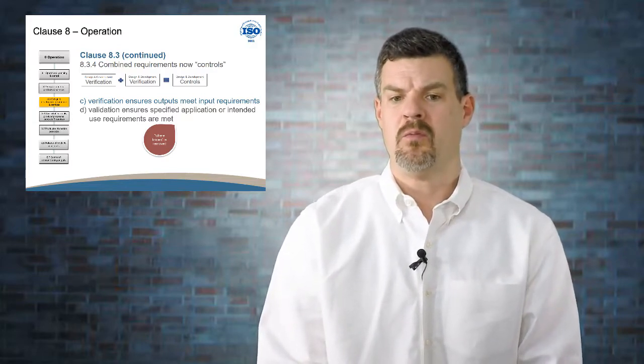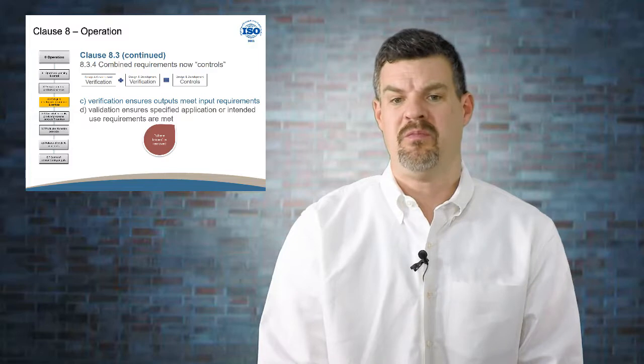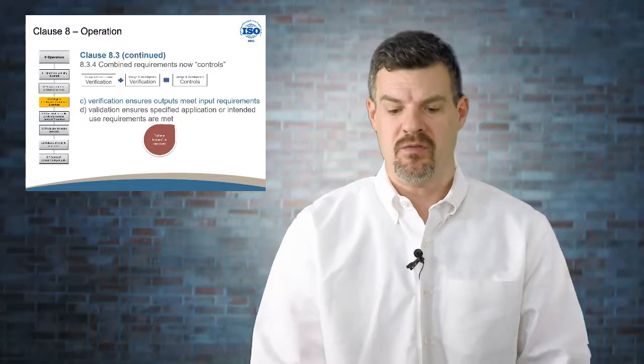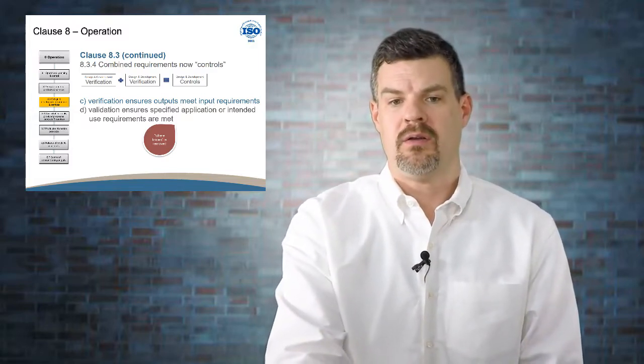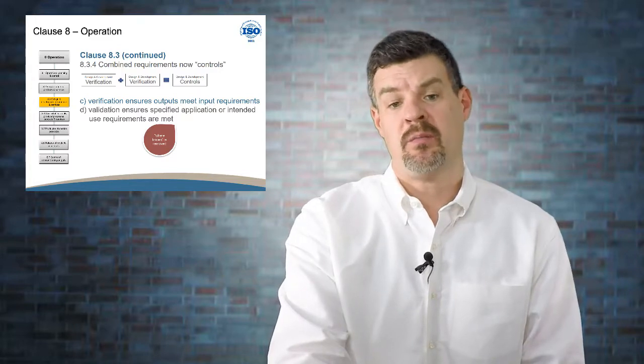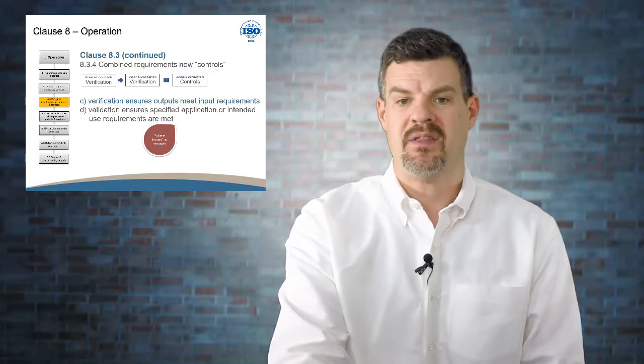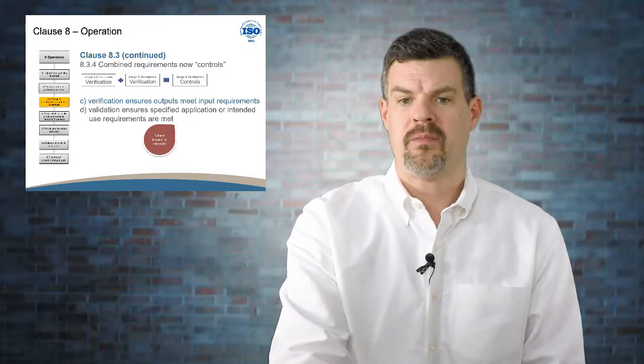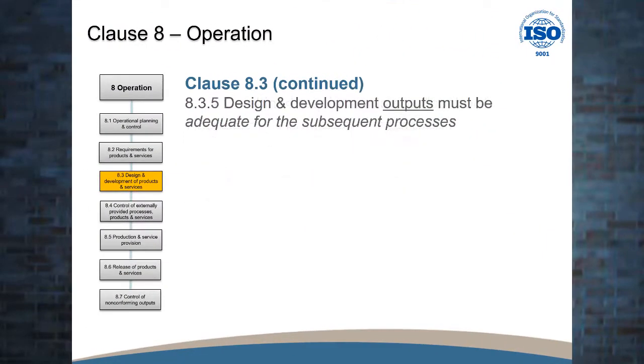So "where known," with that being taken out, means you have to go and find out how your products or services are going to be used, basically, which I think is a good change to that particular portion of the standard, specifically because it's in the design phase, and that's a good time to get through some of those ambiguities and get a good understanding of what the intended use is of the product or service that you're passing along to the customer.